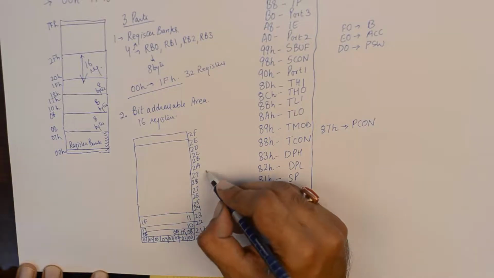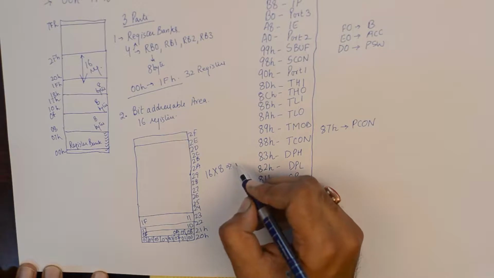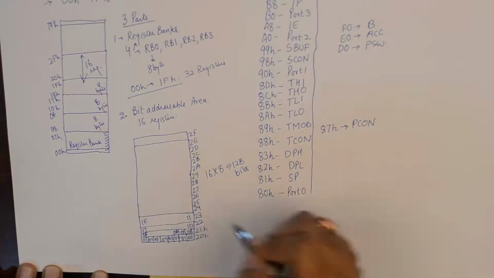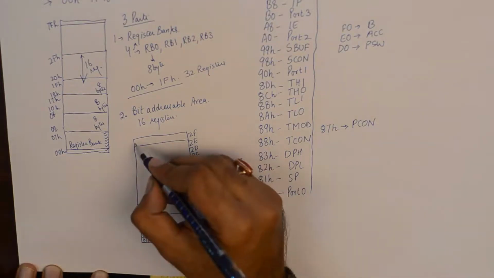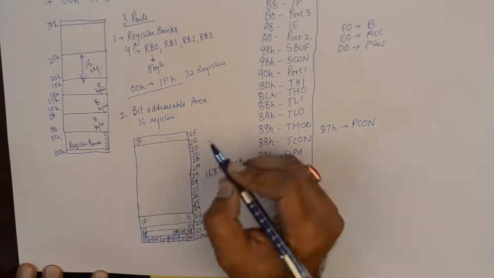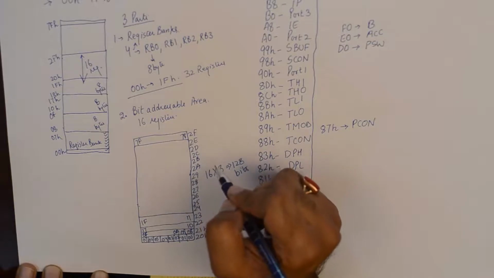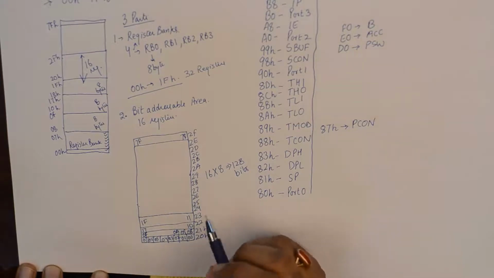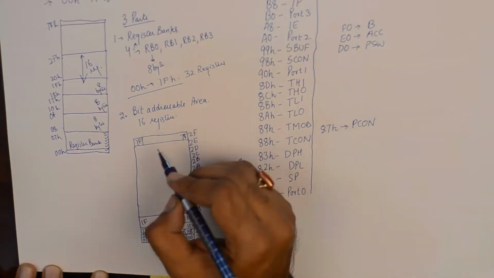Now there are 16 registers and 8 bits in all of them, so there are 128 bits in this region, and if you keep on labeling them continuously in this fashion, you'll end up having an address space of 128 bits with all the bits labeled from 00H to 7FH.